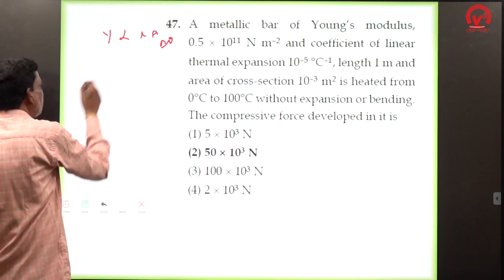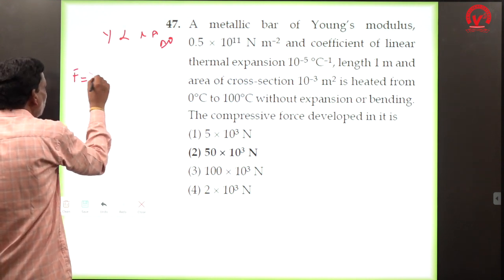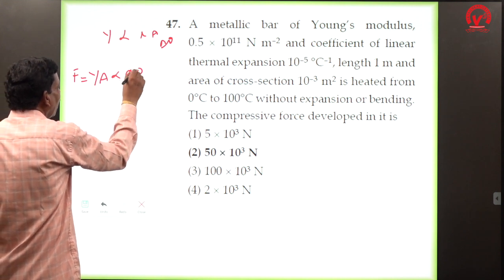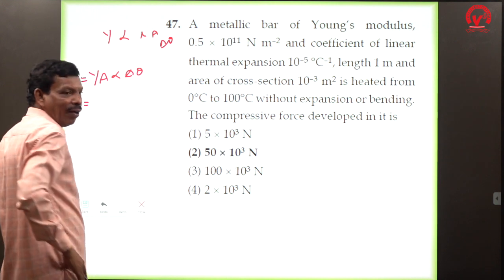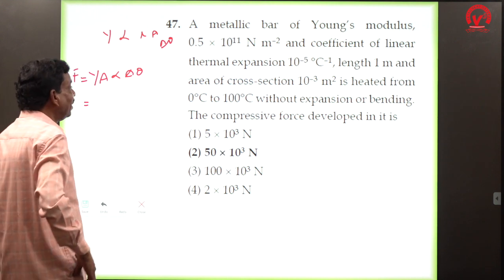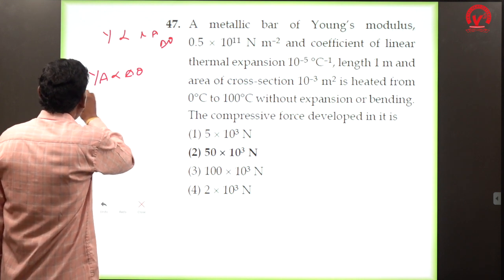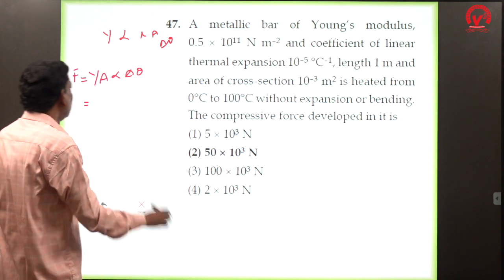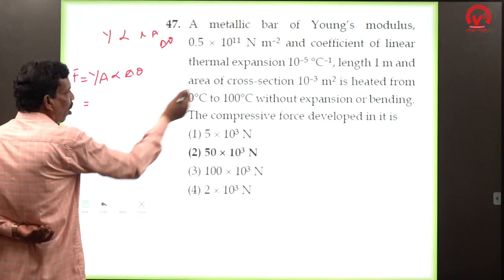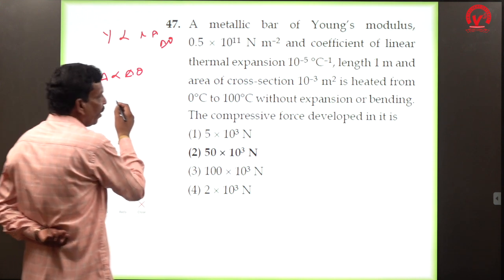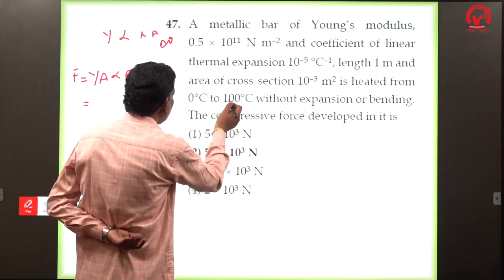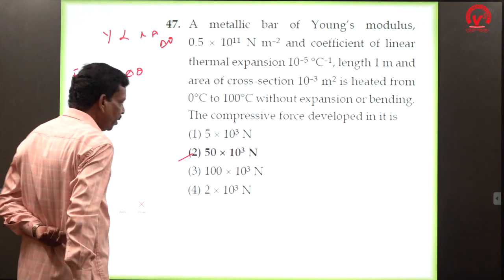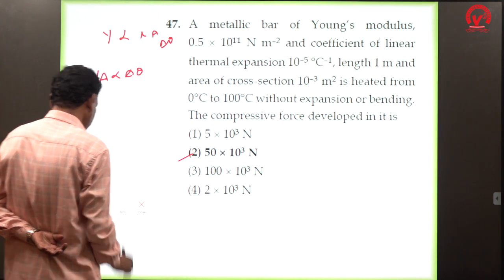F is equal to YA alpha into delta theta. This is the formula for thermal stress, that is, the compressive force. Y and A are given, and the temperature change is 100 minus 0 degrees. Substituting in the formula, you get 50 into 10 cube Newton.